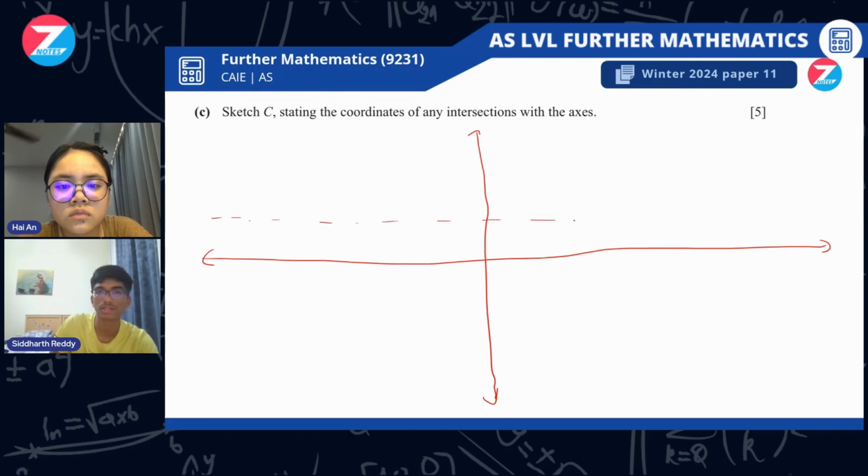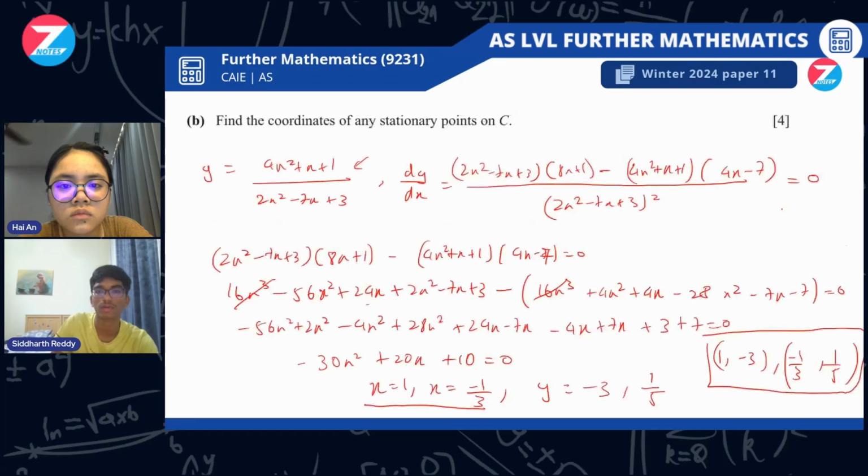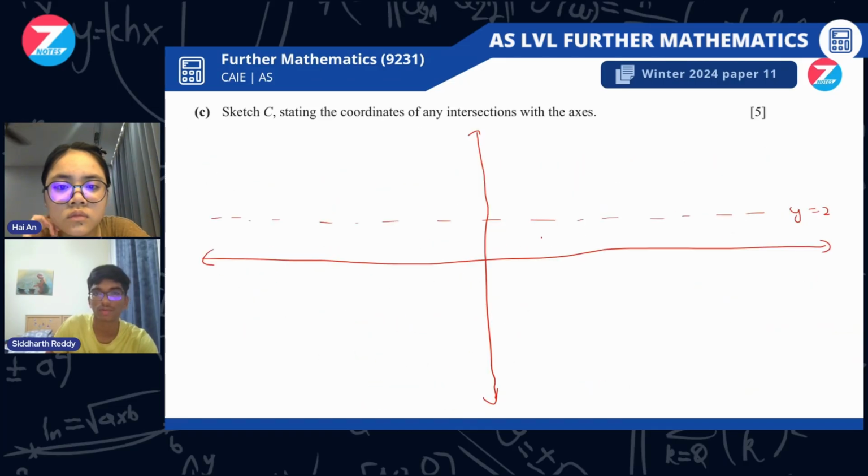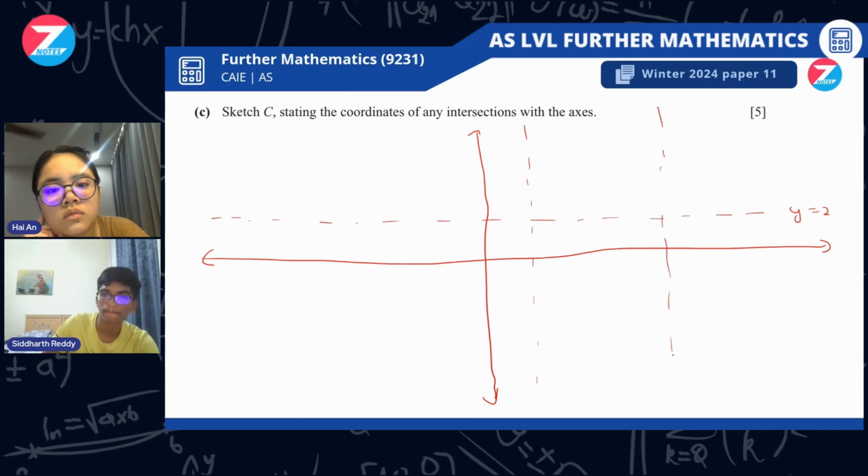So we've got something like this. We've got x is equal to 3 and x is equal to 1 by 2. So something over here as well, and another one over here. That's x is equal to 1 by 2 and x is equal to 3.